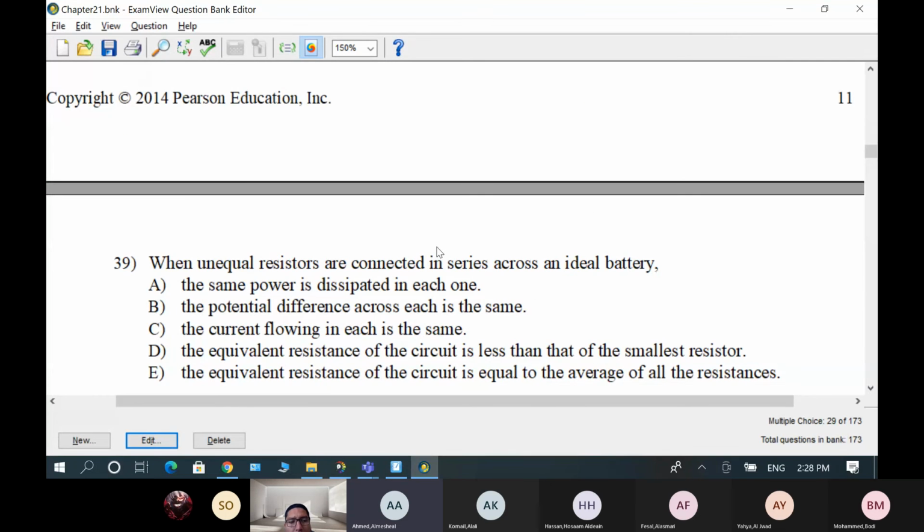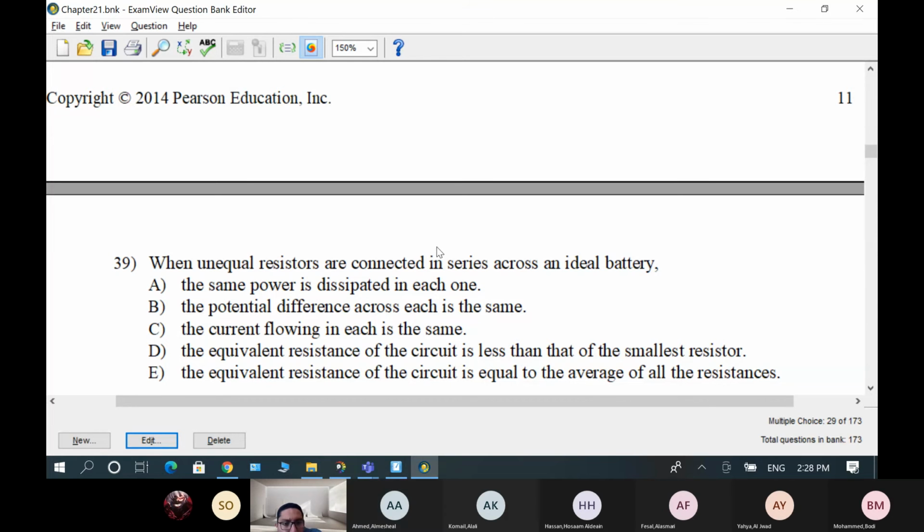When unequal resistors are connected in series across an ideal battery, the same power is distributed in each one; the potential difference dissipated across each is the same; the current flowing in each is the same; the equivalent resistance of the circuit is less than that of the smaller resistor; the equivalent resistance of the circuit is equal to the average of all resistors.